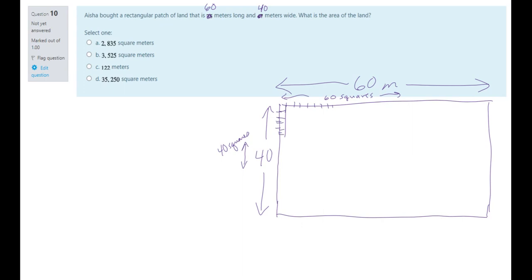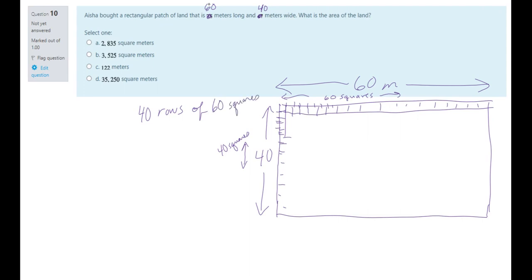So we're going to have 40 rows of 60. No, that's not right. Yeah, of 60 squares. No. Hold on a sec. We're going to have 40 rows of 60 squares. Yes, because each row is going to be 60 squares wide. And we're going to have 40 of those rows. Okay, so I had it right.